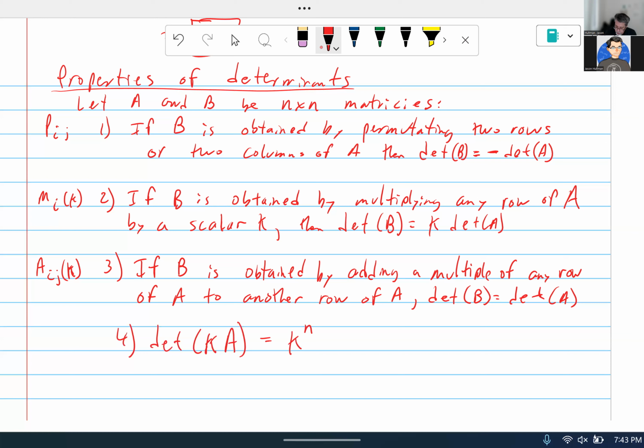However many rows A has, this n by n matrix, K is going to get multiplied n times, which is just the exponent, times the determinant of A.